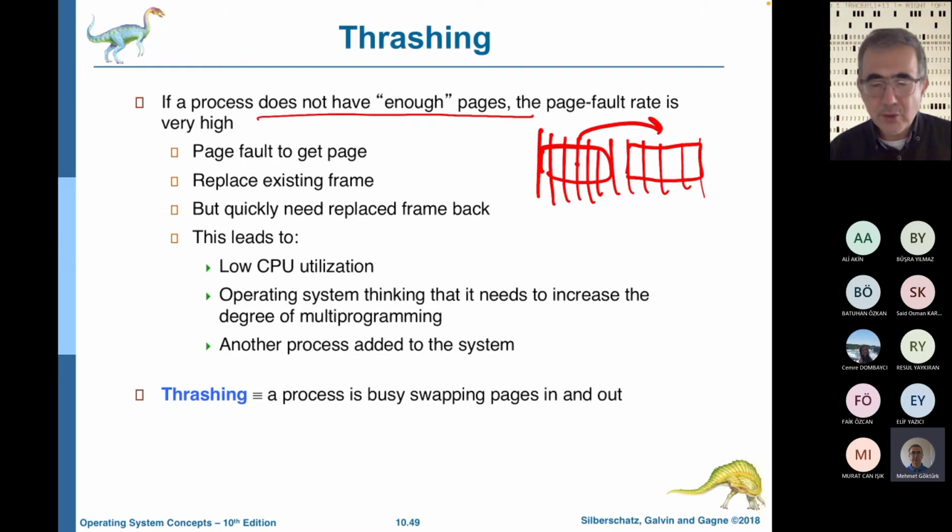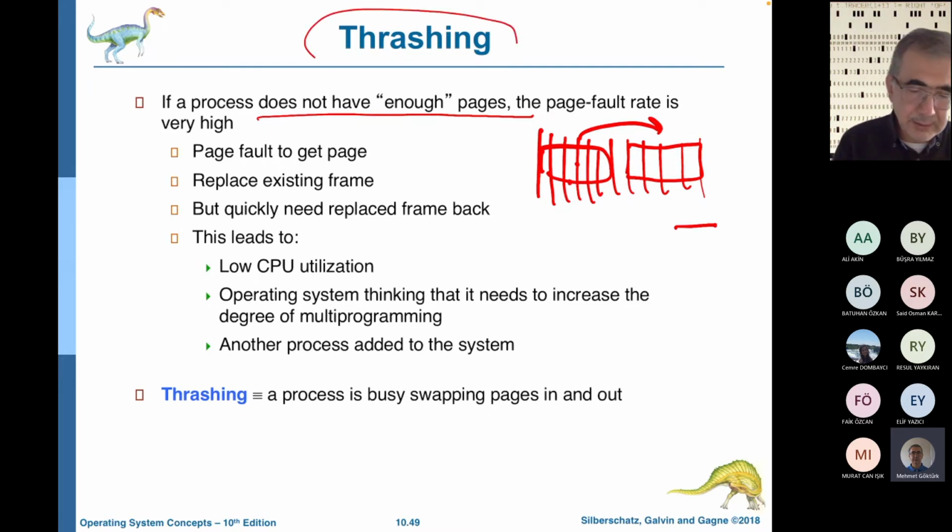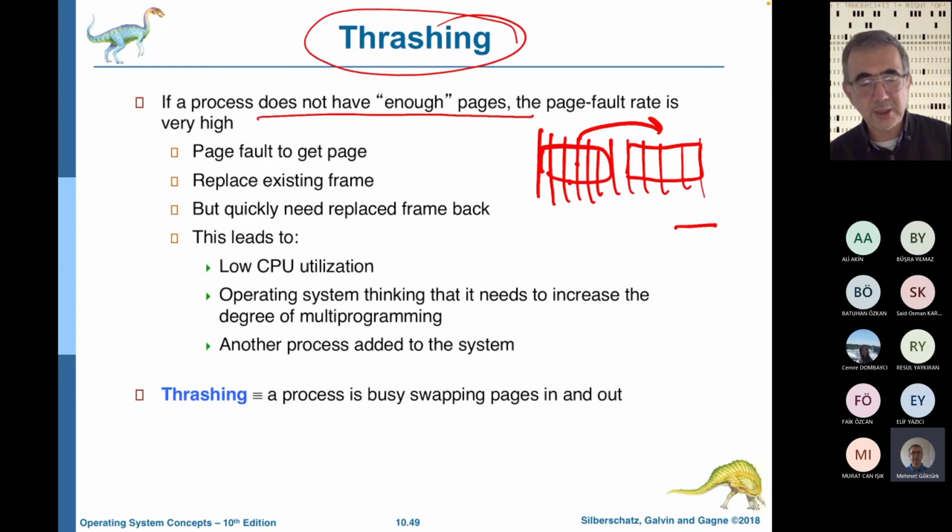Otherwise, you have to load and unload, load and unload at each line of the code. One line of the code will require one interrupt service routine to swap. So that will be inoperable. We call that issue thrashing.